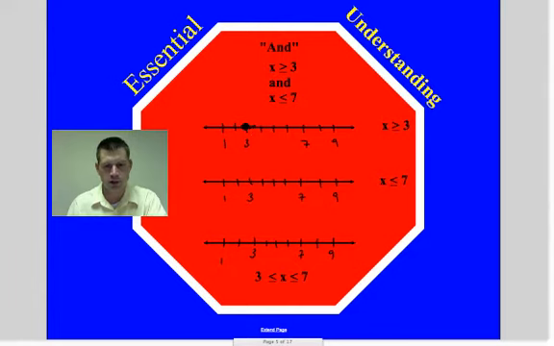We shade this way. It's letter, symbol, number, so the arrow points that way. Now the next one, the "and," says x is less than or equal to 7. So we put a closed dot on 7, and it's telling us to shade to the left.